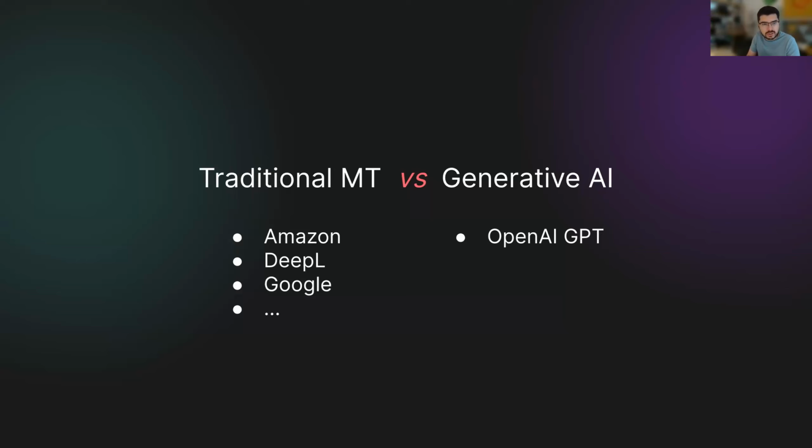So machine translation is great. And one of the pros of this traditional machine translation approach is that it's predictable. What it means is that every time you translate a certain phrase in a certain language, you can pretty much guarantee that you'll have the same answer.